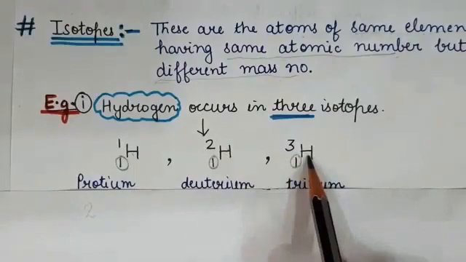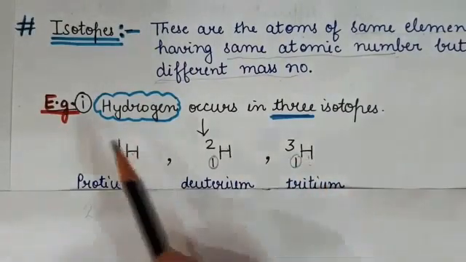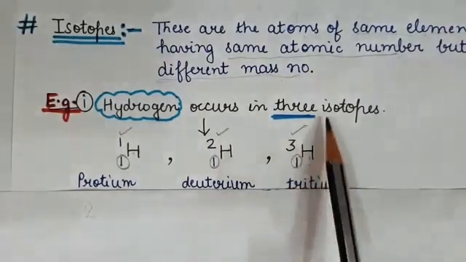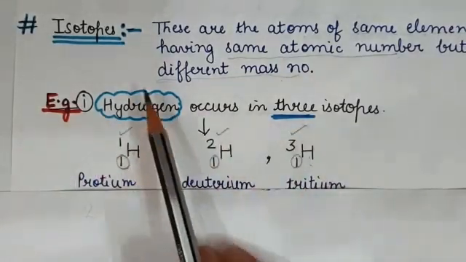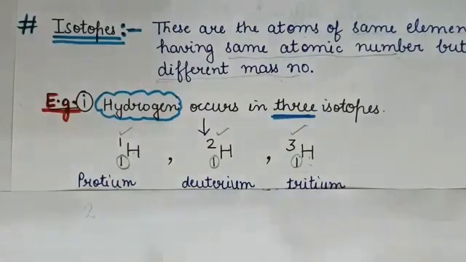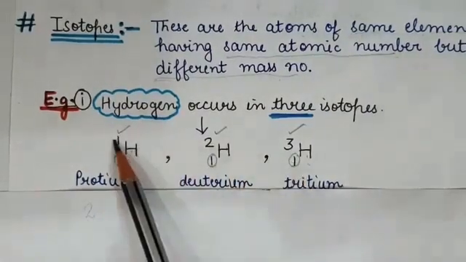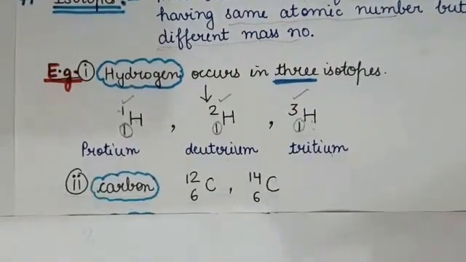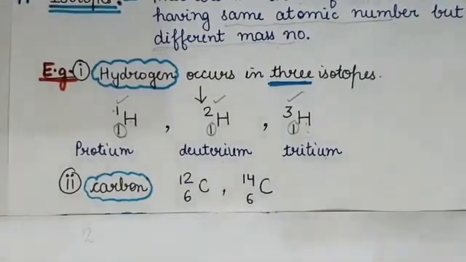Because the element is same, that is hydrogen. And the mass number is different, that is 1, 2, 3. So that is why these all are isotopes of hydrogen. Same atomic number, different mass number. This is one of the examples. Second example is carbon. Carbon exists in 2 isotopes.